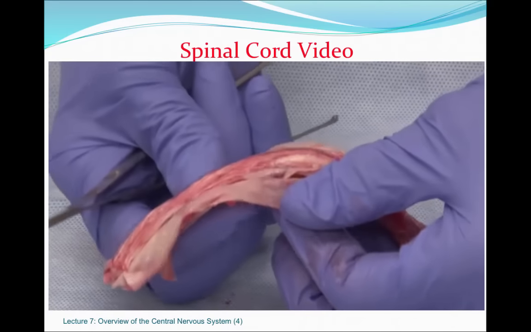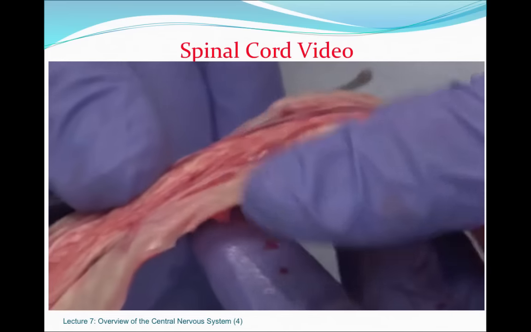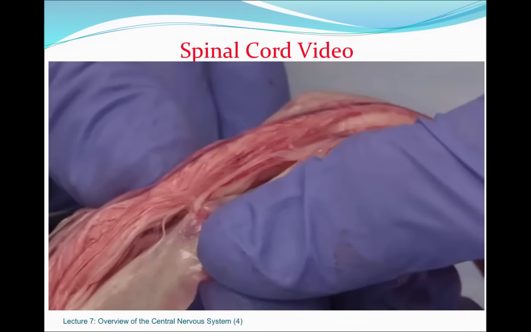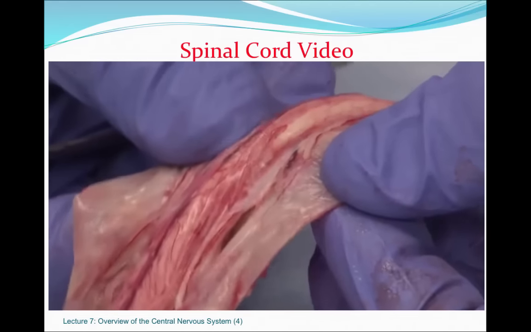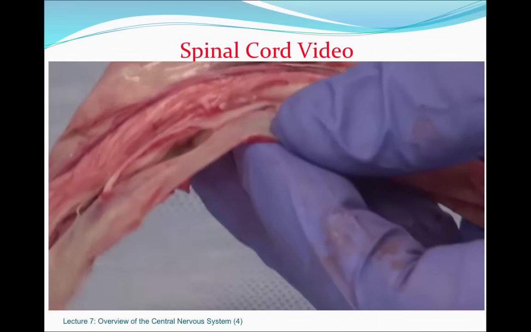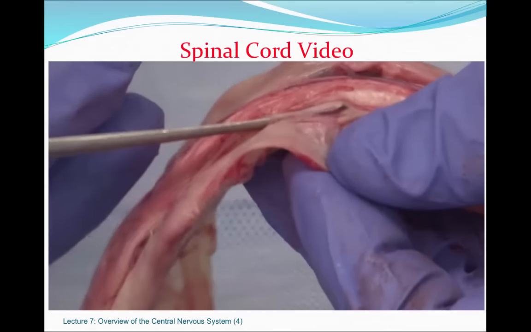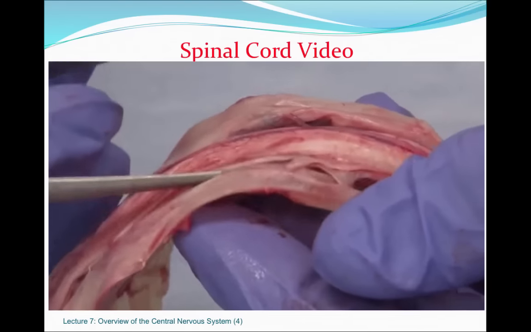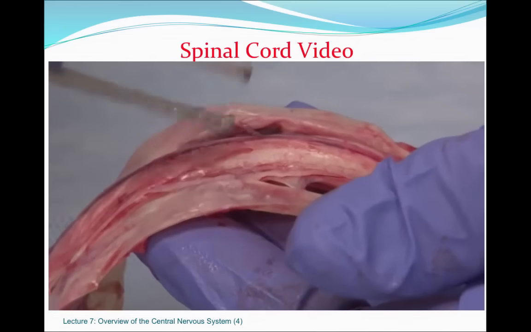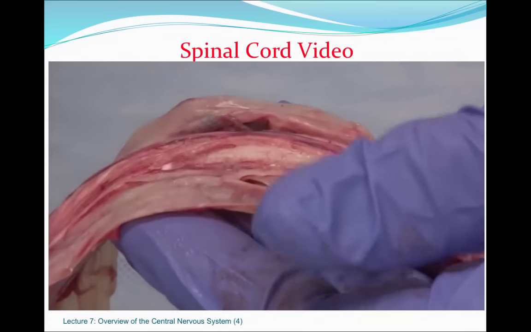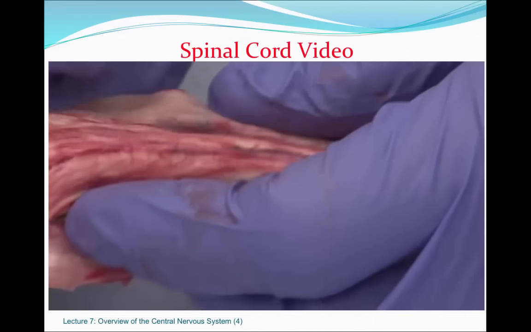If you zoom in close, you can see the roots. Here's one group of roots emerging. Up here is another group of roots emerging. And in between you can see a thin membrane, the denticulate ligament that anchors the cord laterally and separates anterior or ventral from posterior, which you can't see from this side.